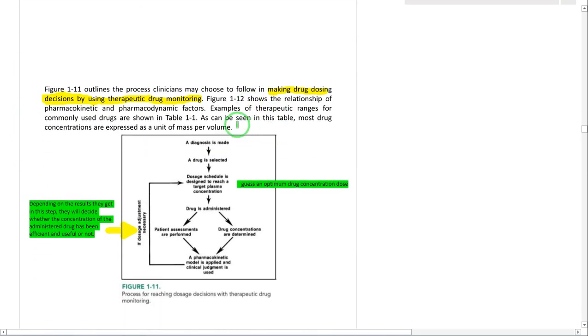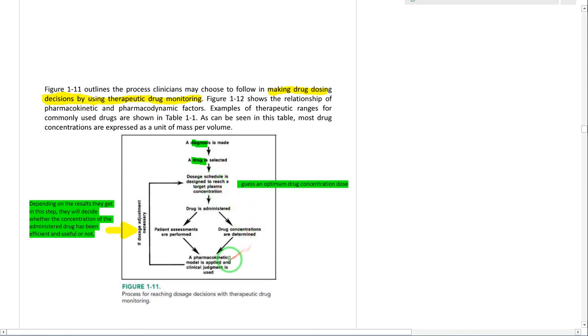Well, in this scheme you can see how the first steps of making the pharmacokinetics diagram start. You see here that we will have a patient and we will diagnose this, and a drug is going to be selected, and then we have to guess an optimum drug concentration that has to be applied for this patient.